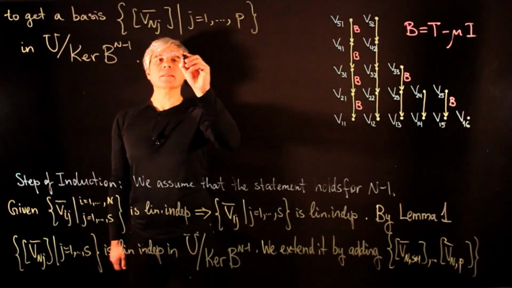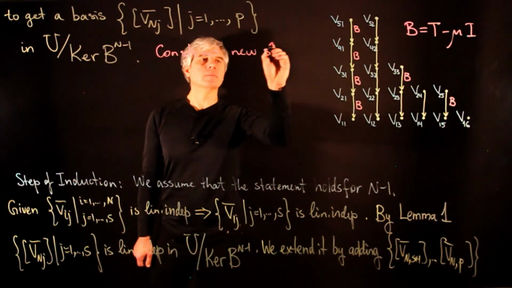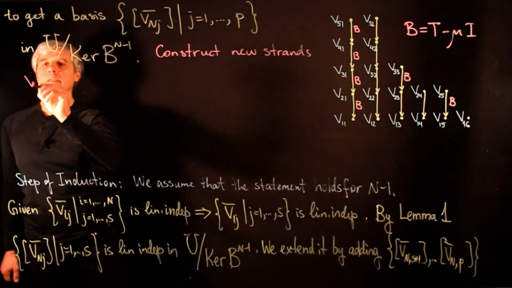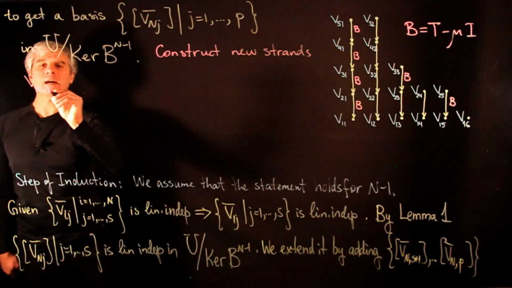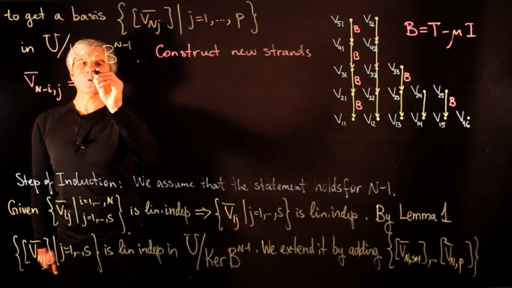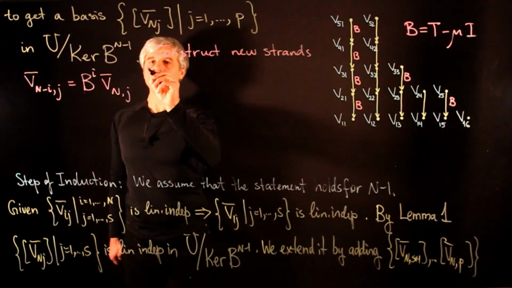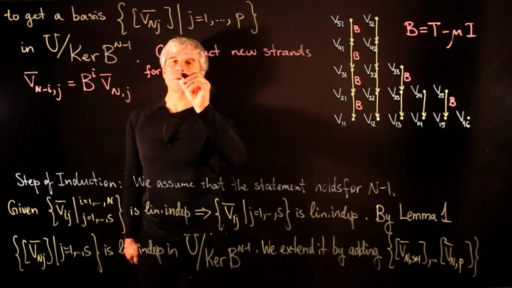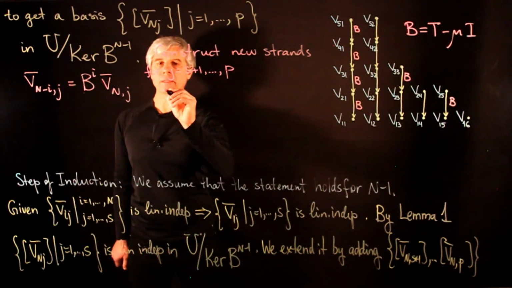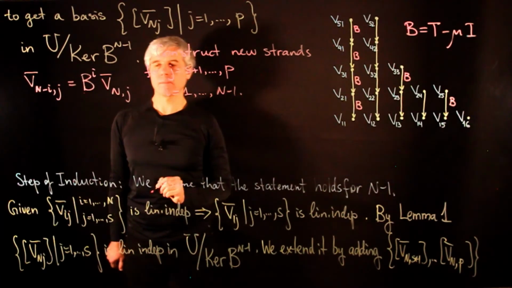Now construct new strands by saying that v n minus I j is equal to b to the power I acting on v n j for j from s plus 1 to p and I from 1 to n minus 1.